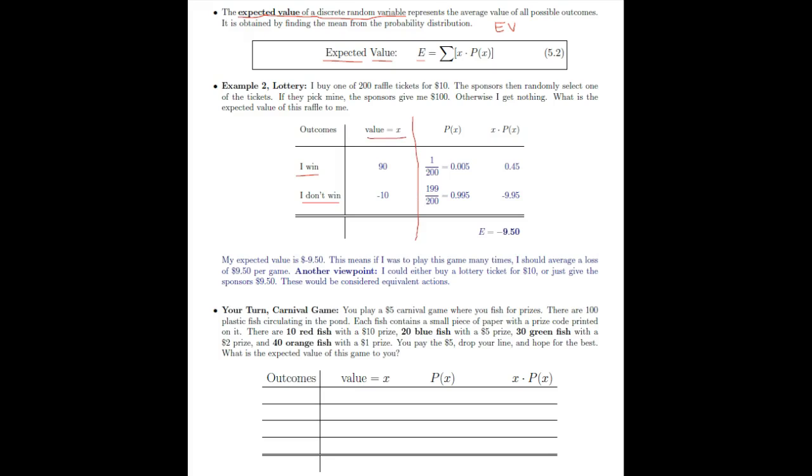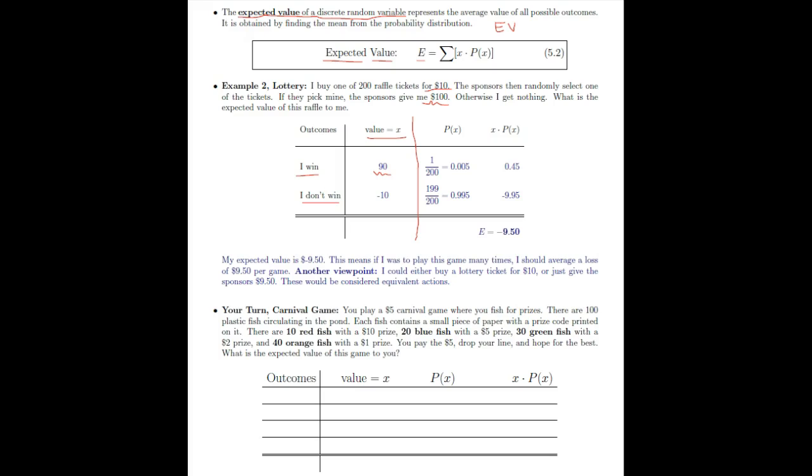If you win, you win $100, but you also paid $10 to buy the ticket in the first place. And for any of you who have ever entered a raffle, when you win, do you ever get your money back at the end? No, the sponsors keep that money. So you win 100, but you paid 10, so your net outcome is $90.